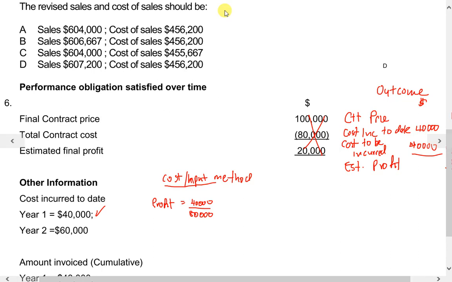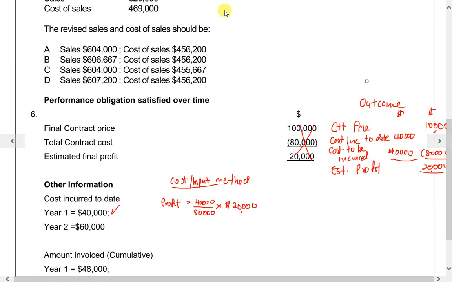How many percent have I incurred in total? So this is to find the percentage of completion. We have completed 50%. Cost method. So if we have completed 50%, we will recognize 50% profit from here. 50% incurred, 50% profit to be recognized. 10.